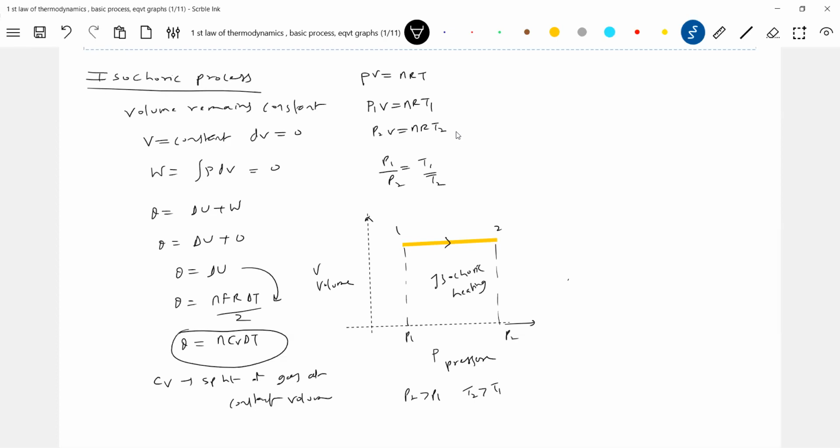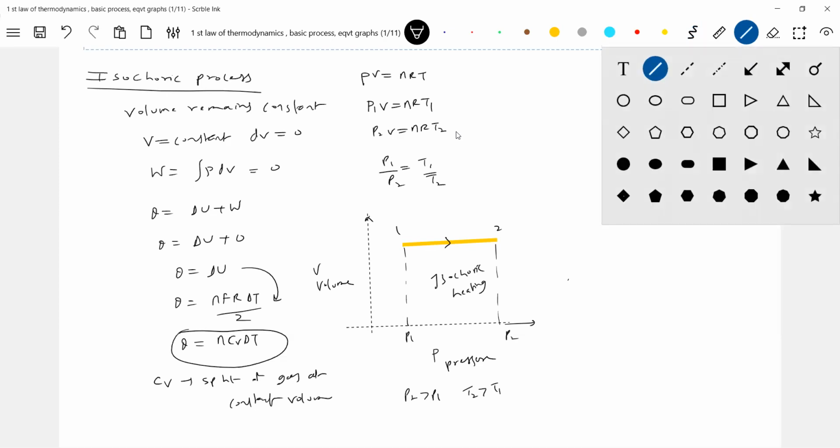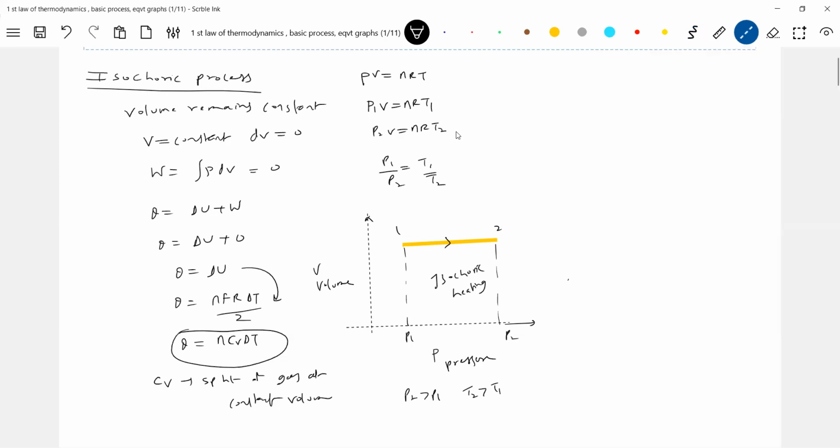Okay, let's see the volume-temperature graph. This is volume, this is temperature.